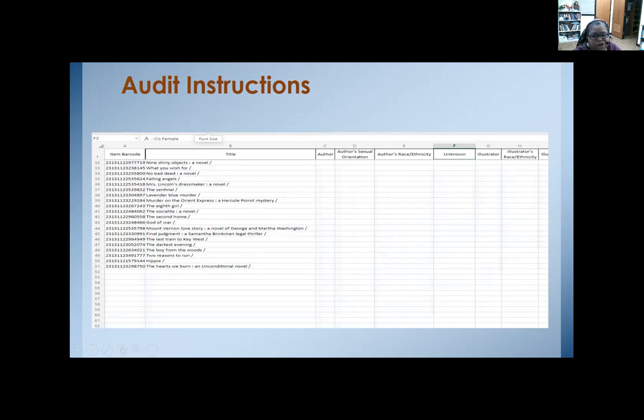Using your branch spreadsheet, you'll start by looking up the item barcode. Some people start with Workflows. I find that it's easier to skip Workflows and just put the barcode into kckpl.org, and then the book comes up and you've got a little bit of author information and a quick synopsis of the book so you can get started.